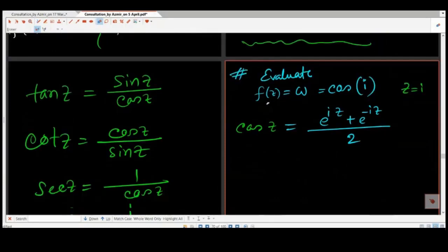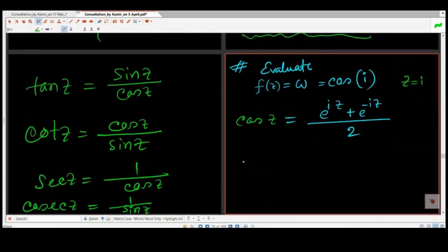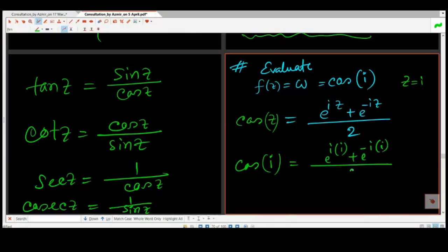So cosine z equals this. Let's plug in cosine i. So where we have z, we are just plugging in i. So e to the i times i plus e to the minus i times i over 2.